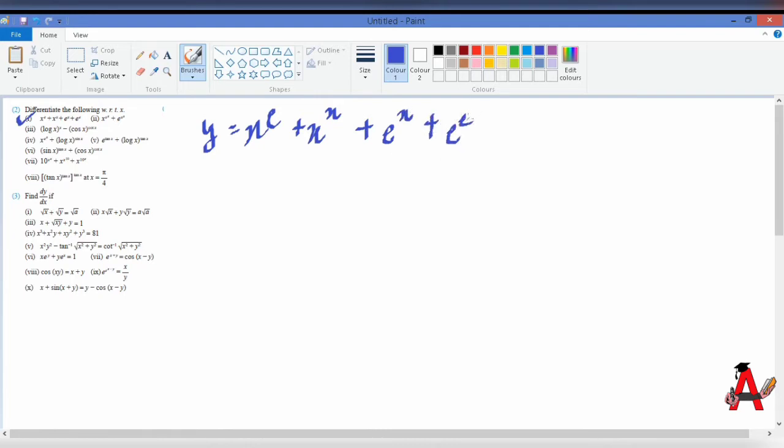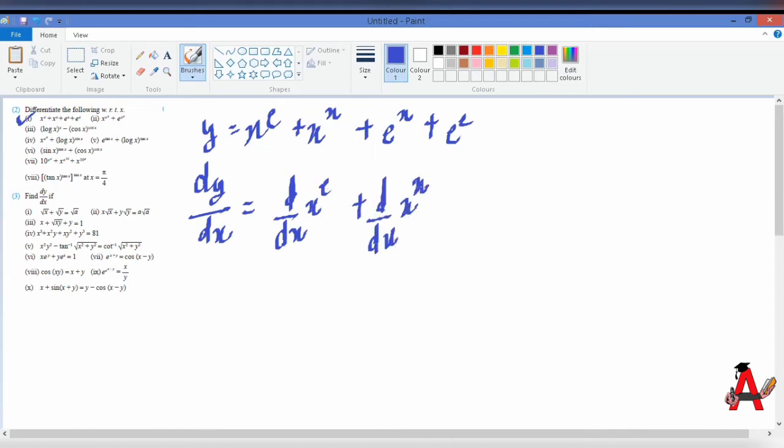Now here e is a number. So if I take the derivative dy by dx, it will become d by dx of x raised to e plus d by dx of x raised to x plus d by dx of e raised to x plus d by dx of e raised to e.